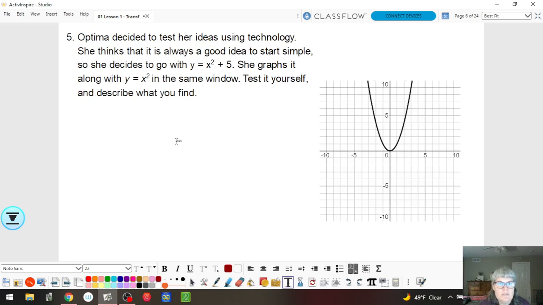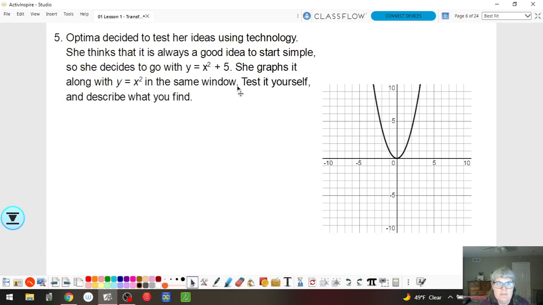So our first thing we're going to test is just adding 5 to x squared. What if we add 5 to what was the area before? So what Optima did was she graphed it along with y equals x squared in the same window.